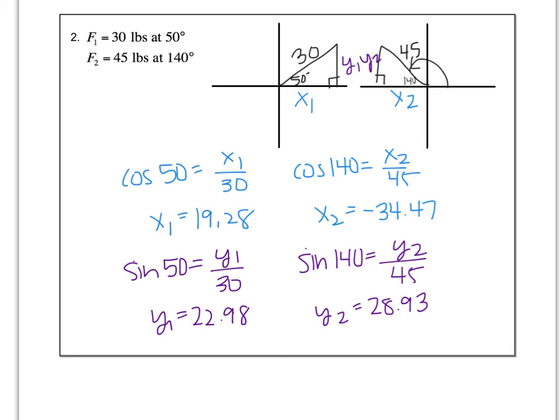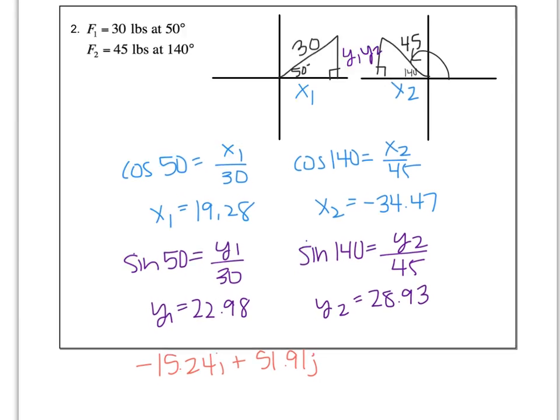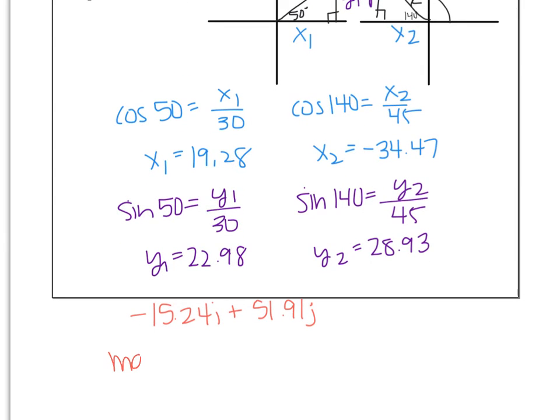And then we have to find the resultant vector, which means we're adding those together. So if I add 19.28 plus negative 34.47, we get negative 15.24i plus 22.98 plus 28.93, 51.19j. And then the directions still just want me to find the magnitude here.